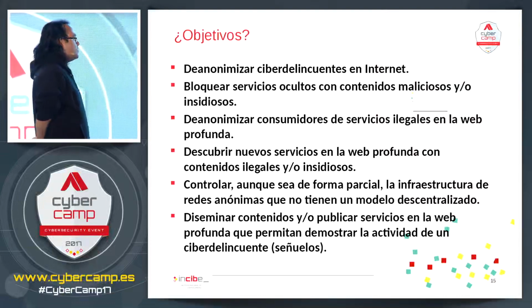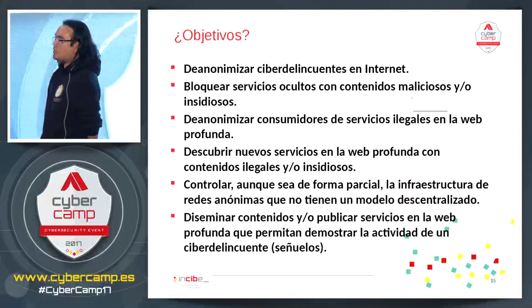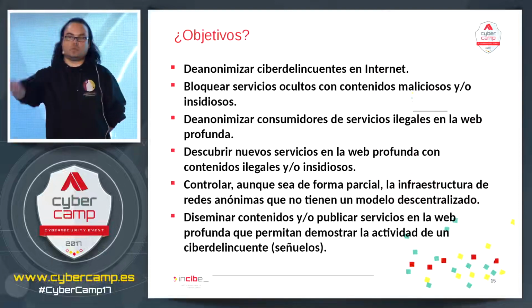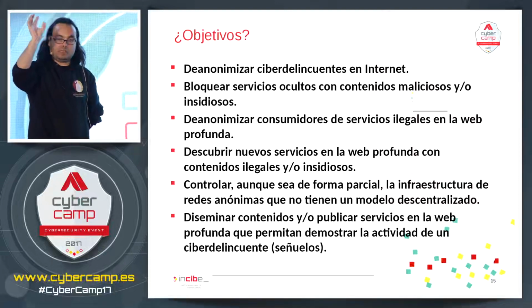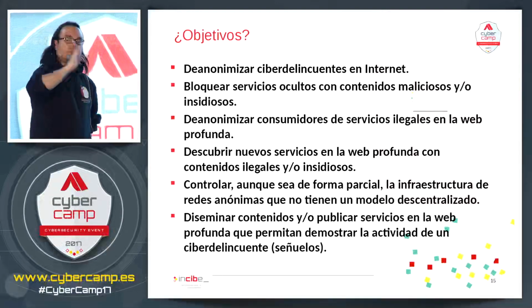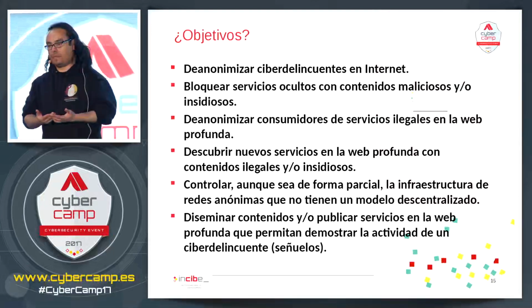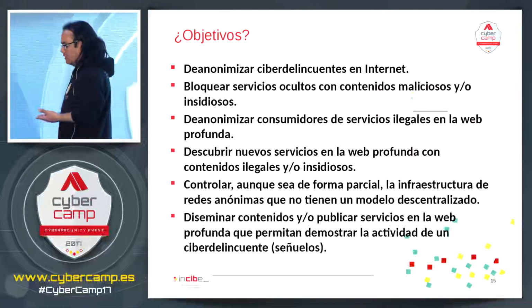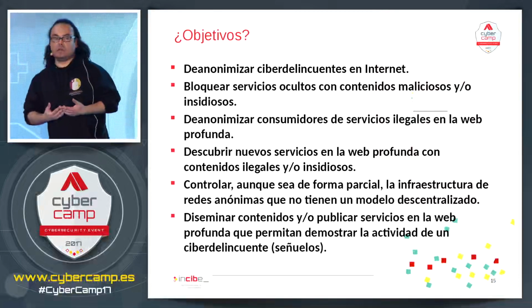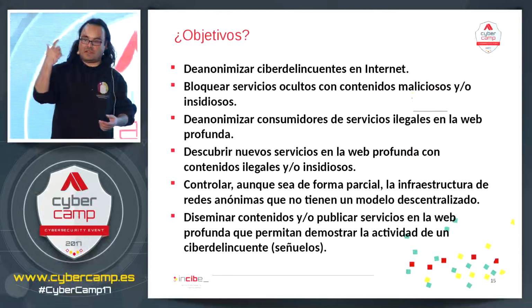Control, even partially, the infrastructure of anonymous networks that don't have a decentralized model. Tor is centralized. We have relays, known as directory authorities, that control absolutely everything in the Tor network. They control the network status. So what can we do? We can do something that happens very often.